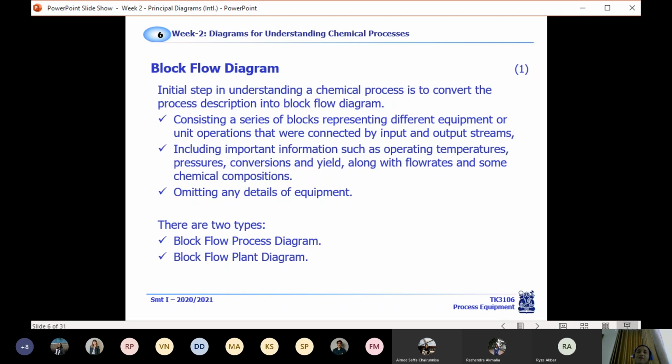This is only very basic information that we give in the block flow diagram. And this information actually is not on all streams. We select the important streams and the important information that we would like to put in there.